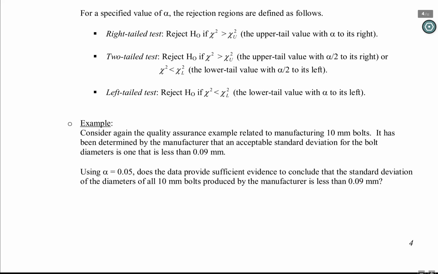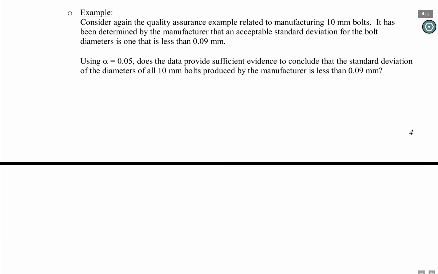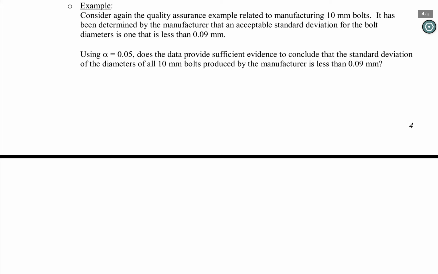Okay, coming back to the example dealing with the 10 millimeter bolts, suppose it is determined by the manufacturer that an acceptable standard deviation for the bolt diameters is one that is less than 0.09 millimeters. We want to test this at the 5% significance level. Can we conclude that sigma is less than 0.09?